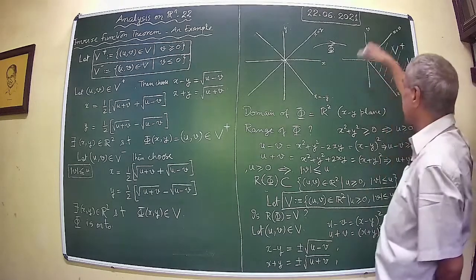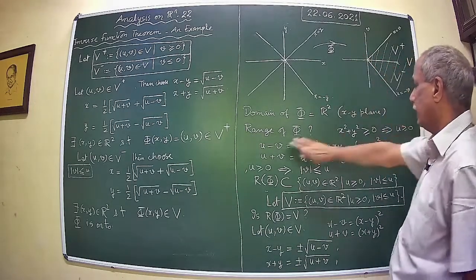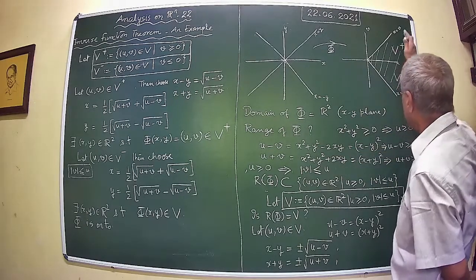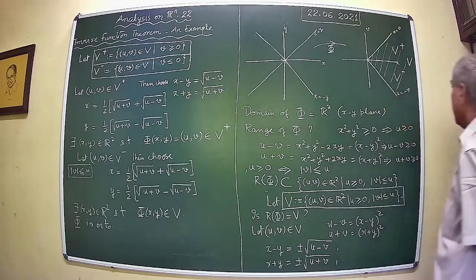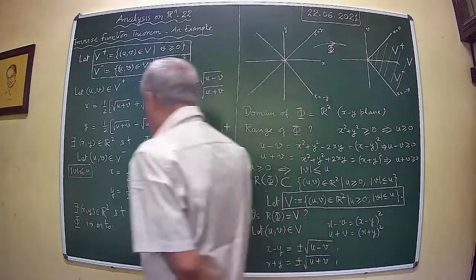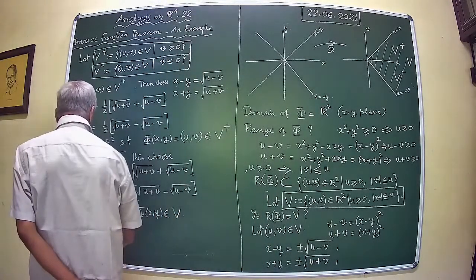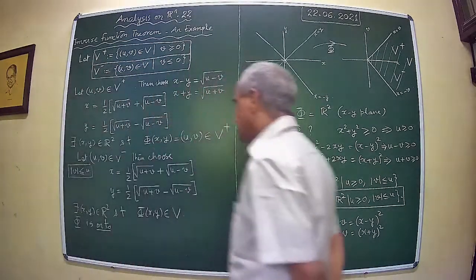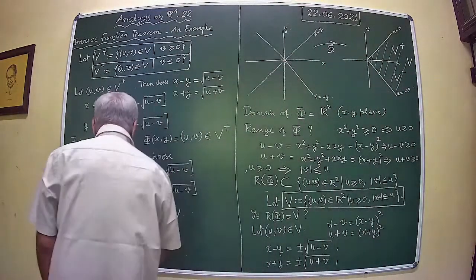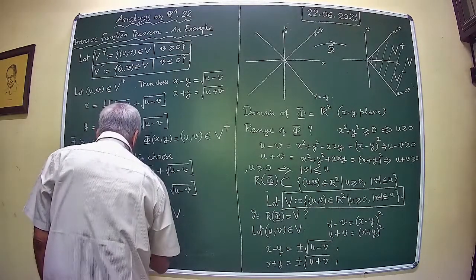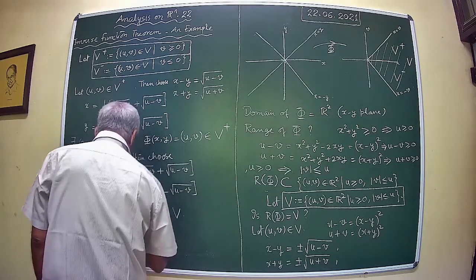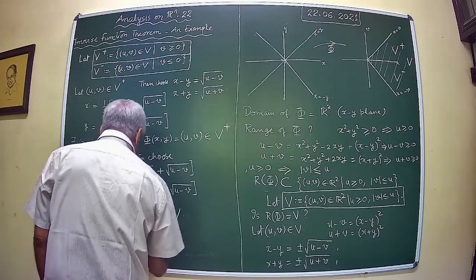Outside that, the question does not arise at all, because the range of phi is contained in V. So we are showing that for each element in V, there exists a corresponding (x, y) in R. So this we have proved. Therefore the range of phi is V.